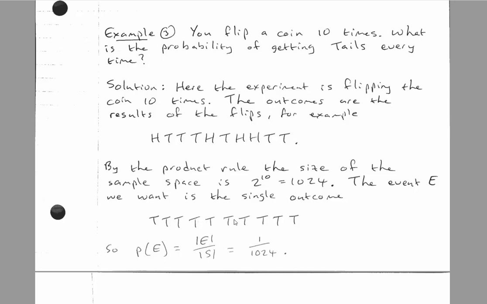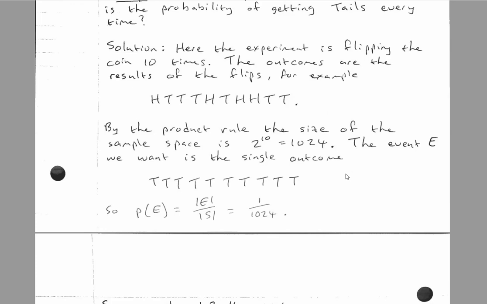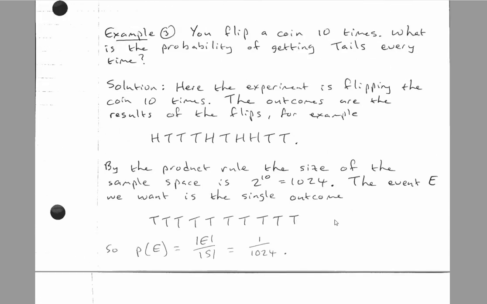So the cardinality of E is just 1, just one way to get 10 tails. So the probability of flipping a coin 10 times and getting 10 tails is 1 divided by 1024. You can see, it's very, very unlikely, like a 0.1% chance of that happening.